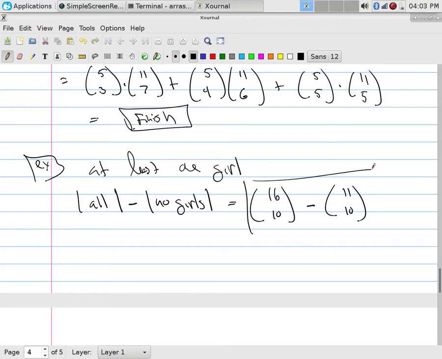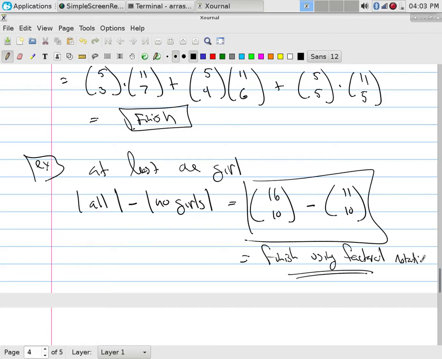Obviously you still have to finish this using factorial notation, so it still needs to be done at home, but this is the setup for it, where all minus no girls tells you that what's left over is teams that have at least one girl.